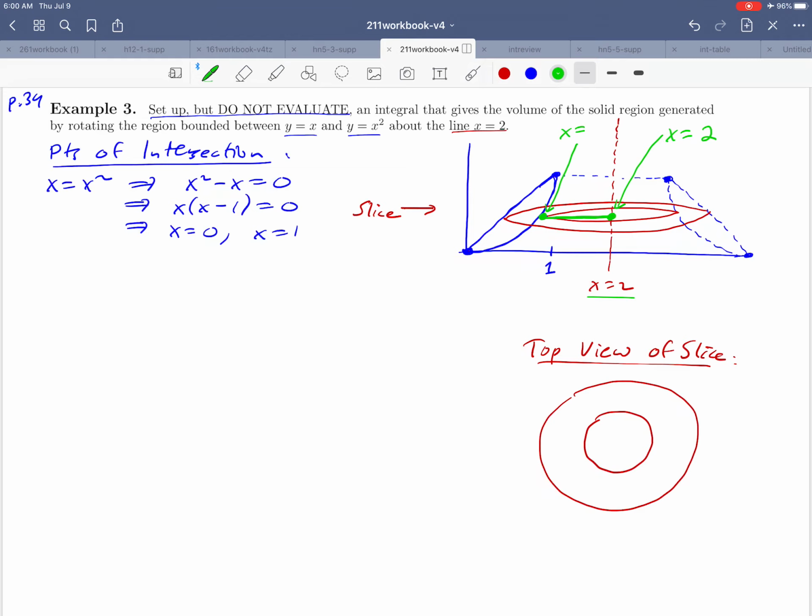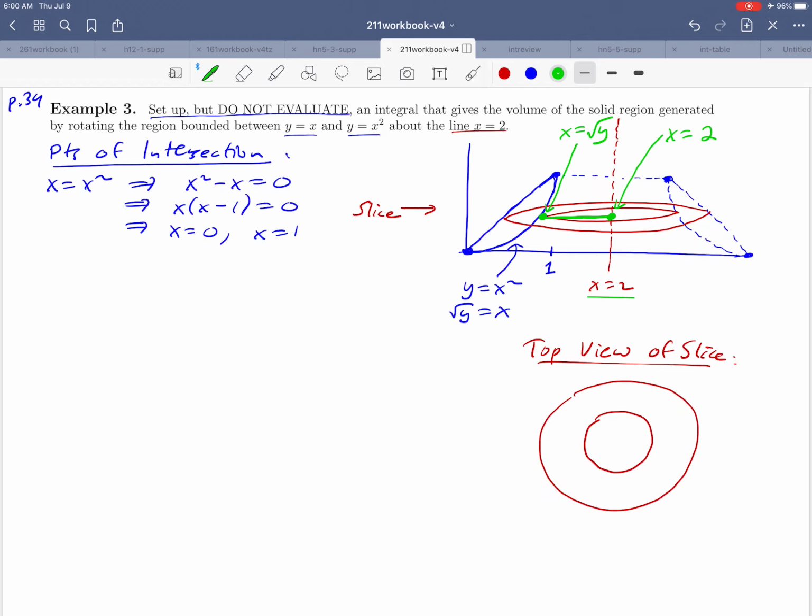Well, there we have to ask ourselves, what curve is it that we're looking at right here? That curve was y equals x squared. And so what would you get if you took that curve and solved it for x? You would take the square root of both sides, and you would get x equals the square root of y. And that tells us what x is equal to at that point.